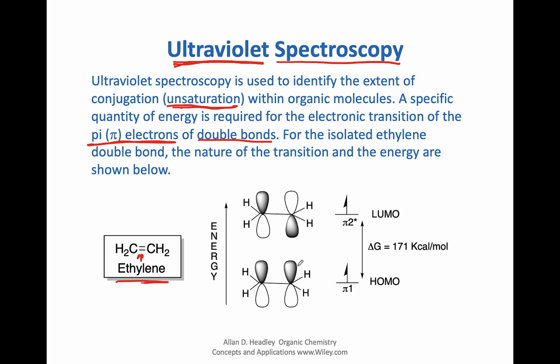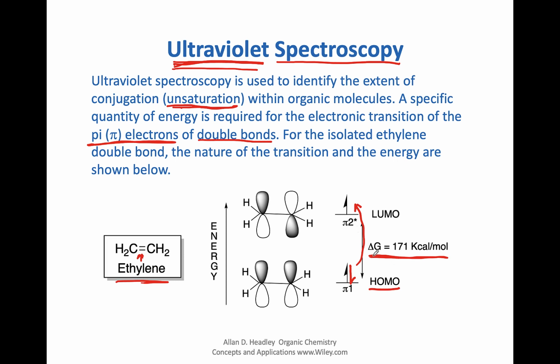In the ground state, before excitation, before the energy hits, the two electrons are in what's called the highest occupied molecular orbital. When energy hits this molecule in the ultraviolet region, and more specifically in that energy region, there is an excitation to the LUMO, which is the lowest unoccupied molecular orbital.